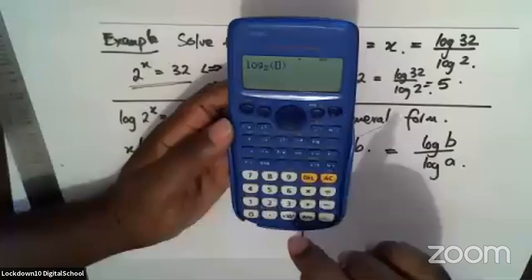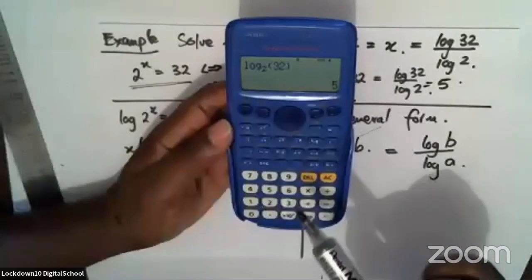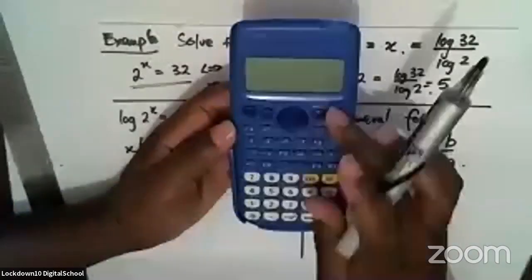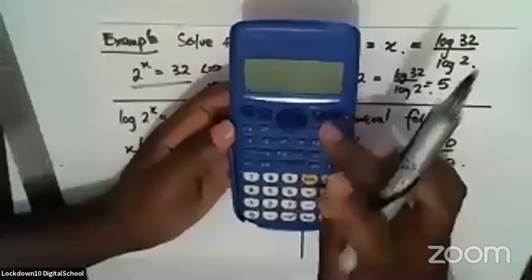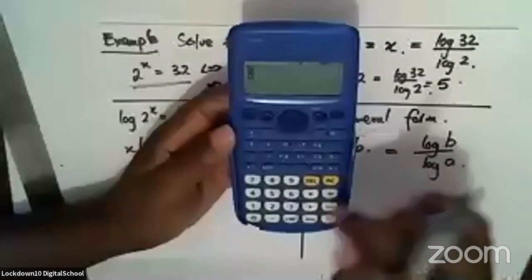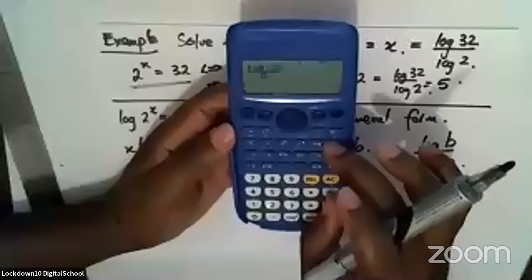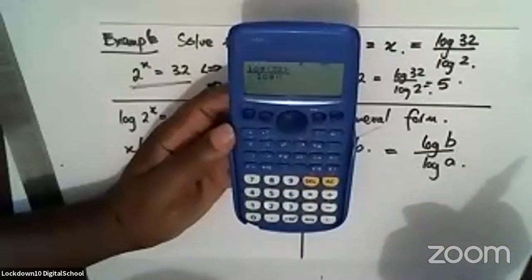You see, it will give you a 5. So I think it answers how do you write log to base 2. This other one is log to base 10, so you can actually use that one. But when you want to write log 32, you have log 32 over log 2.